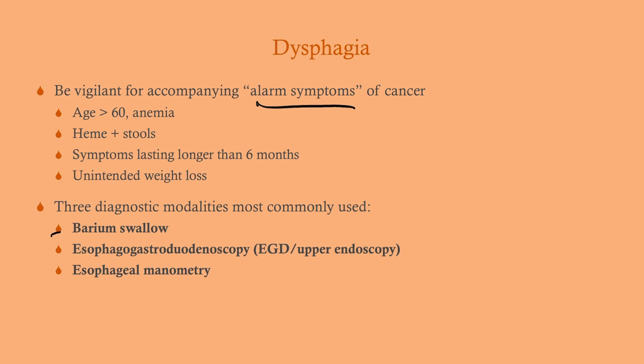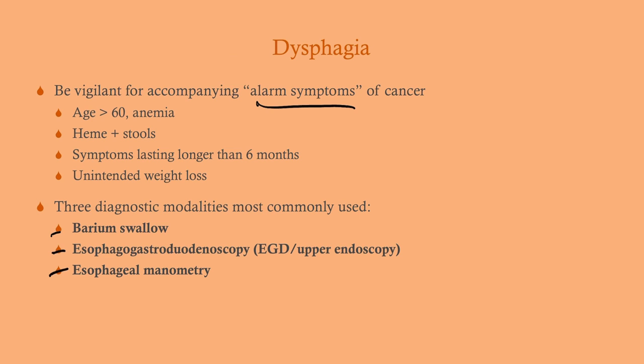Now, there are three diagnostic modalities that are most commonly used. There's the barium swallow, which is really good for seeing if there are any anatomic issues, webs and strictures and stuff like that. There's the EGD, which gives us the opportunity to directly visualize the esophagus, as well as get a biopsy, which we may do if we suspect malignancy.